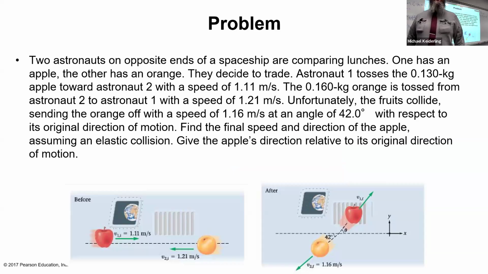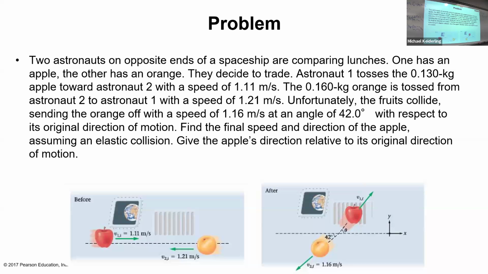So here's a problem. Two astronauts on opposite sides of a spaceship are comparing lunches. One has an apple, the other an orange. They decide to trade. Astronaut 1 tosses the 0.13 kilogram apple towards astronaut 2 with a speed of 1.11 meters per second. And the 1.60 kilogram orange is tossed from astronaut 2 to astronaut 1 with a speed of 1.21 meters per second.